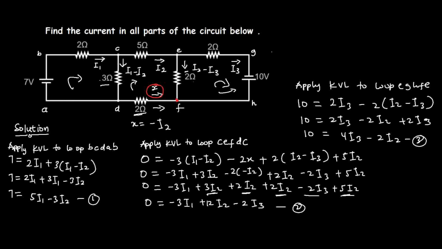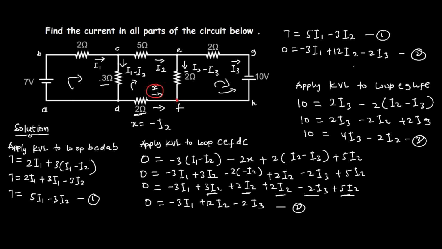Okay, so now let's write down the equations so that we can have some space to continue with the workings. So we have 7 equals 5I1 minus 3I2 to be equation 1. And then we have 0 equals minus 3I1 plus 12I2 minus 2I3, which is what?